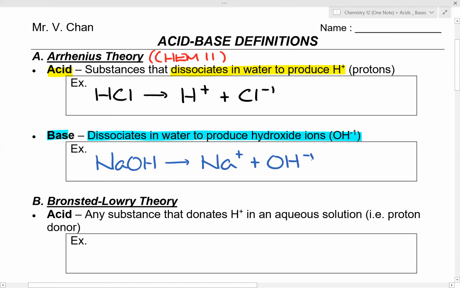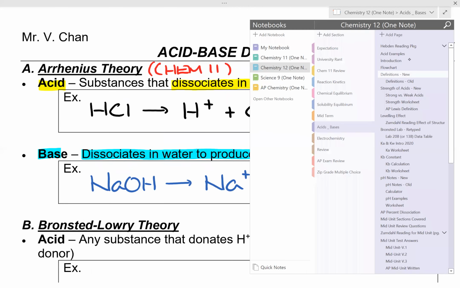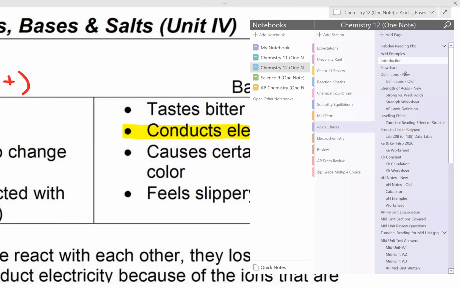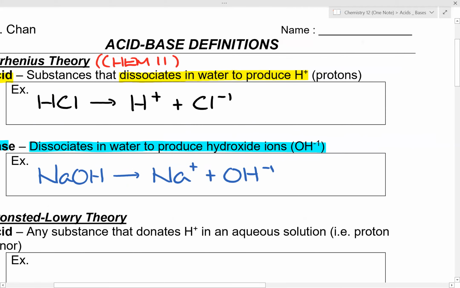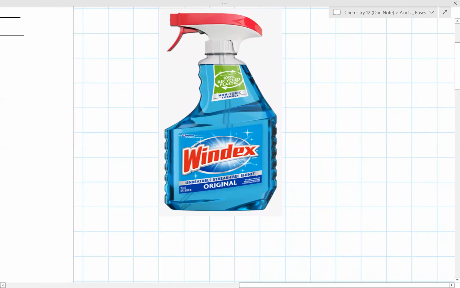Now, this definition is kind of narrow, because there are substances that have base characteristics, remember, it tastes bitter, conducts electricity, or feels slippery, but there is no OH in the formula. An example of this would be Windex.